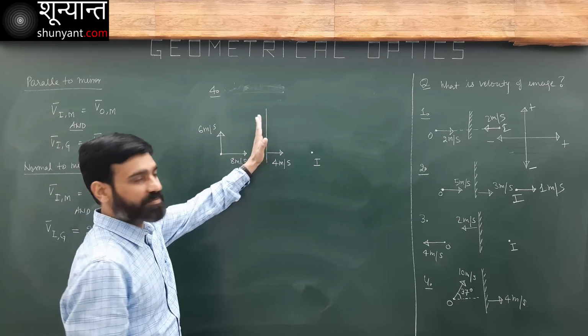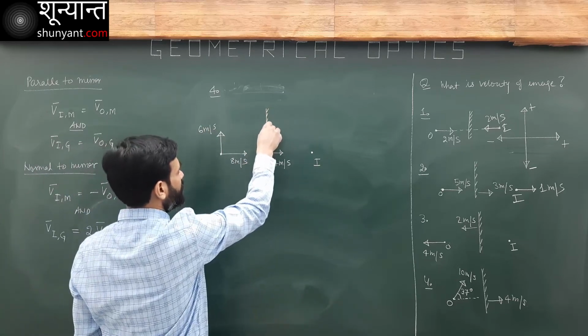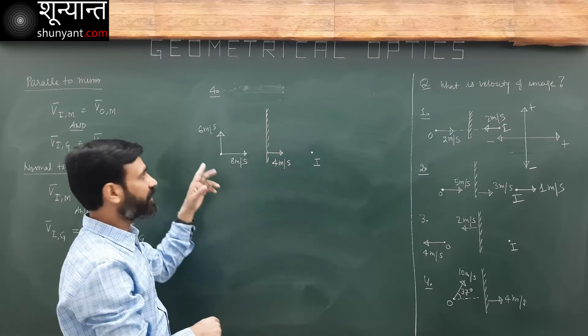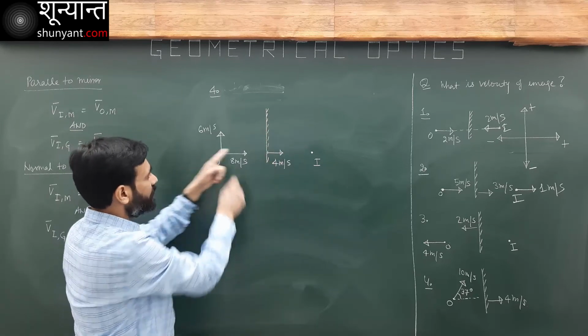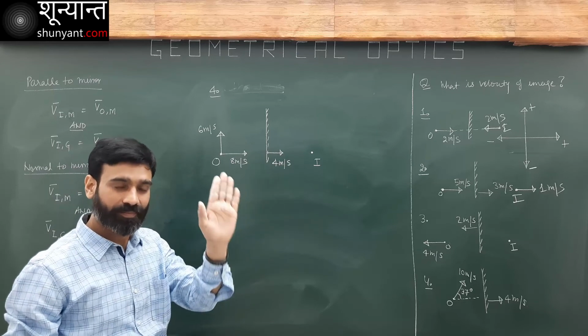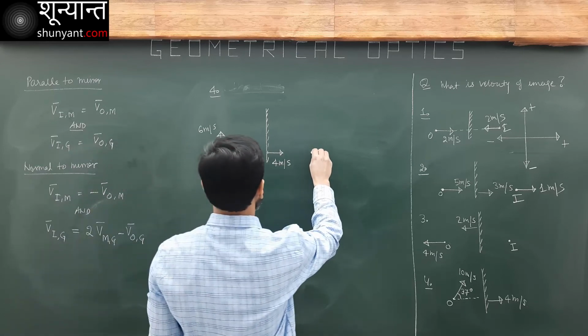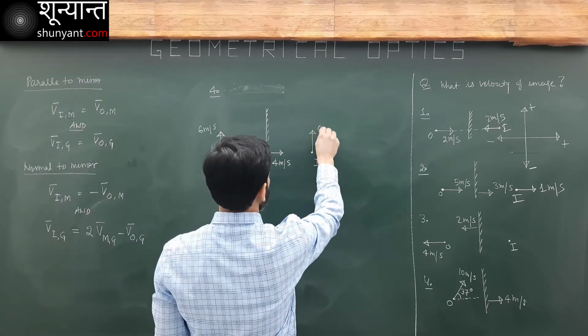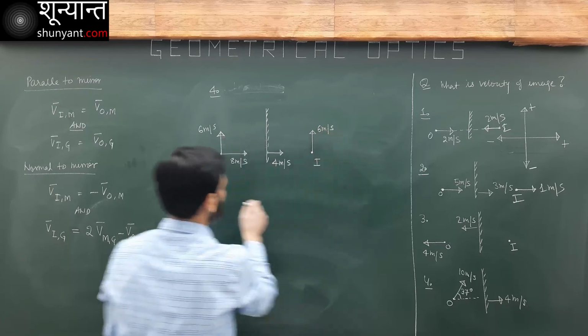Parallel to the mirror, the velocity is the same. Whatever is the velocity here, the image is going to have the same velocity parallel to the mirror, so this is going to be 6 meter per second.